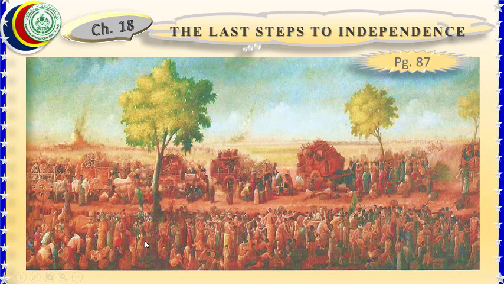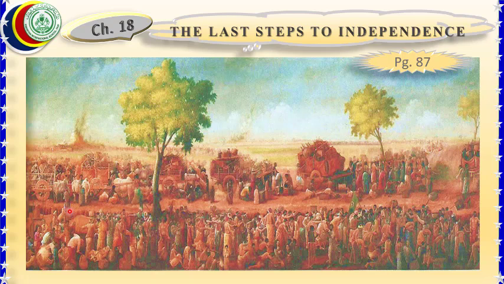Dear students, now on your computer screen you can see a picture. This is a picture from the time of the migration, when people migrated from India to Pakistan in 1947, and you can see the situation of how the people migrated.